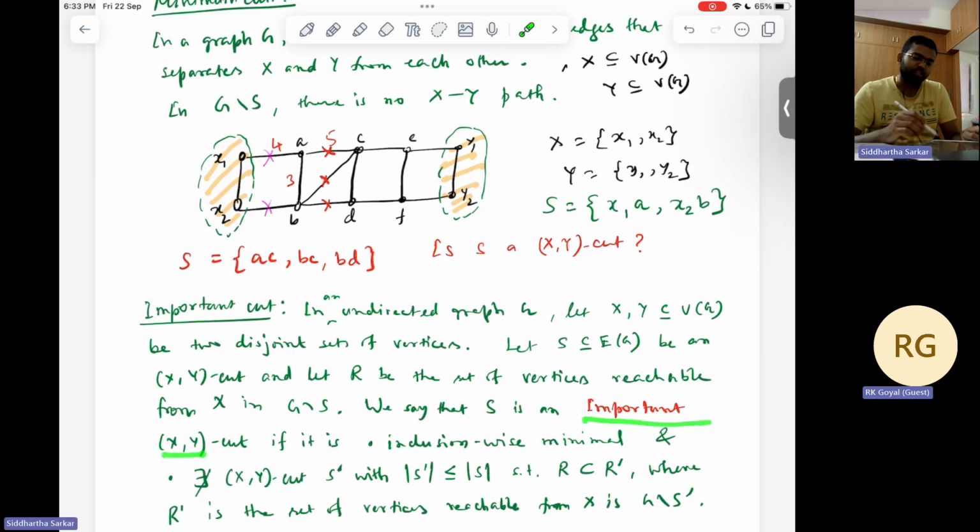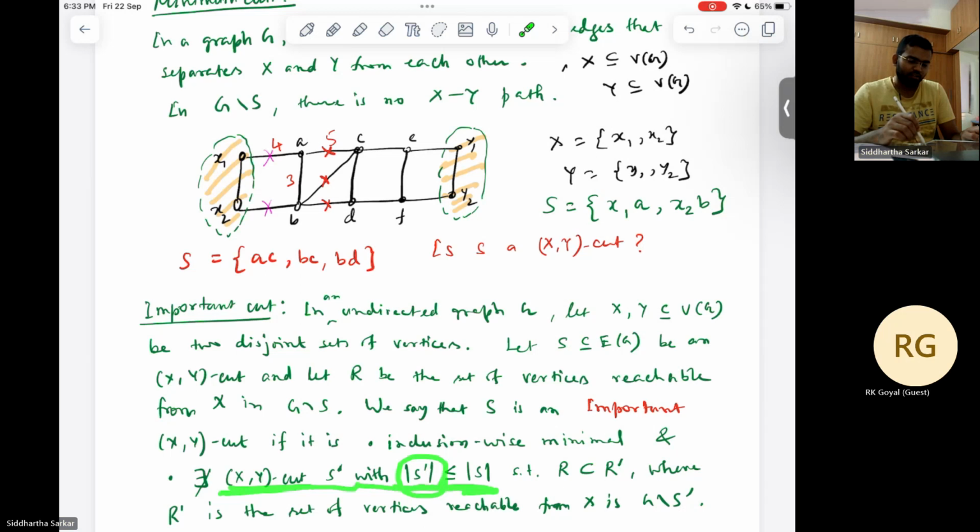So to decide whether this is an important cut, the first condition is satisfied: it is inclusion-wise minimal. Then we want to check whether there exists another XY cut S' with two or fewer edges. |S| is 2.